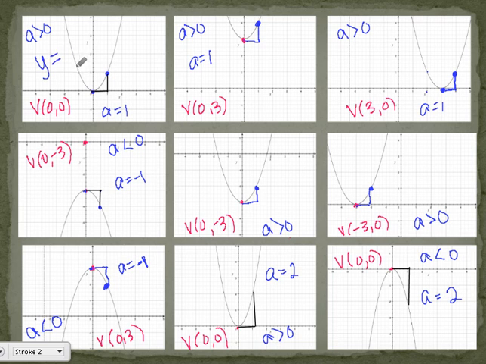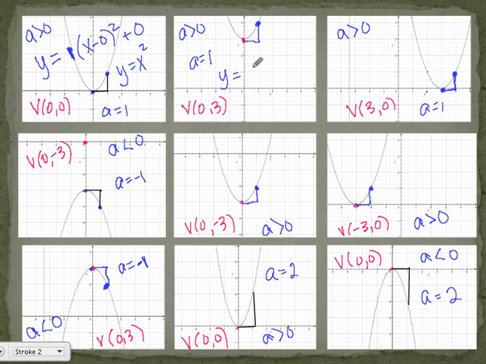Y equals 1 times x minus 0 squared plus 0. Or, quite simply, y is equal to x squared. In this case, my vertex is 0, 3. My A value is positive 1.